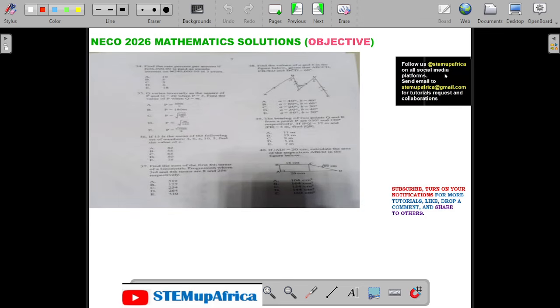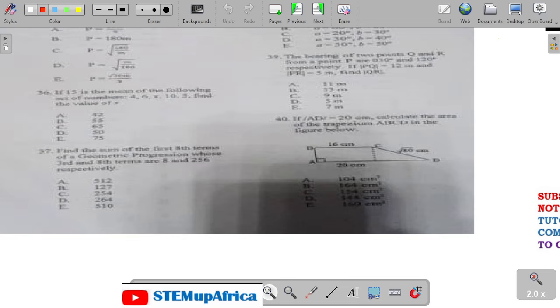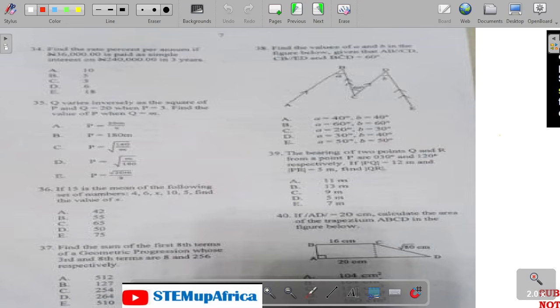Let's move forward. So what we have is to find the rate, which is simple interest. We have interest as principal times rate times time over 100.